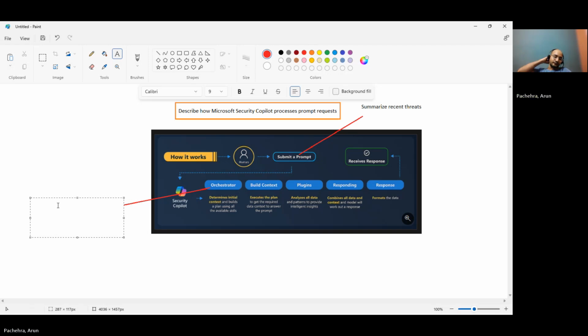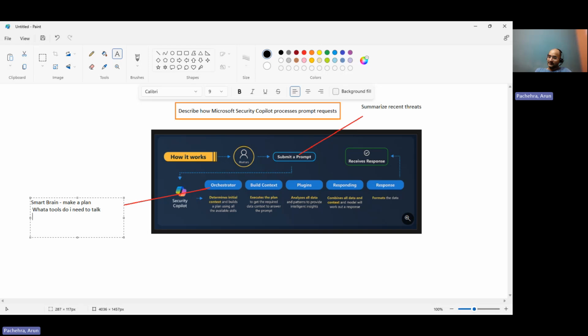So what this orchestrator will do is think like a smart brain and make a plan. Okay, what is the plan here? The prompt is summarize the recent threats. So the plan will include what tools I need to talk to. I'm talking about Microsoft Azure specific here.